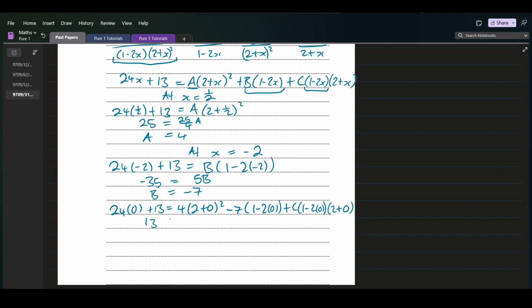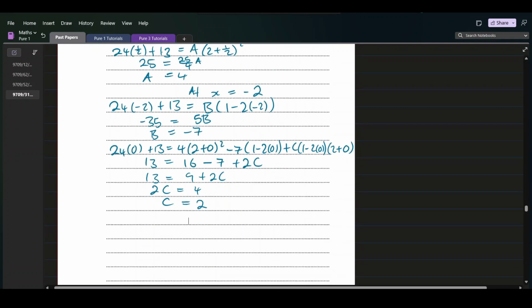So that simplifies to give 13 is equal to 4 times 2 squared, which is 4 times 4, so that's 16. And then we have minus 7 times 1, which is minus 7. And then we've got 1 times 2 times C, which is plus 2C. So 13 is equal to 16 minus 7, which is 9 plus 2C. And so you get 2C is equal to 13 minus 9, which is 4. So that means C is equal to 2.